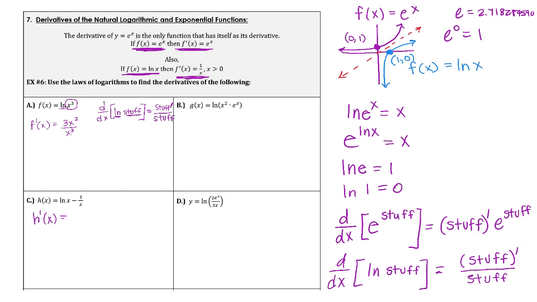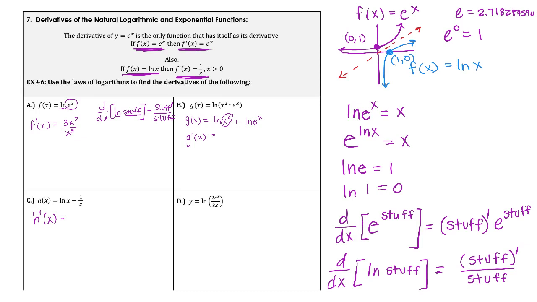All right, now for B, I'm going to rewrite this because if you're multiplying with logarithms, you can separate that by addition, but nobody remembers that, and that's okay. I'm going to separate this out for us. Okay, so g prime of x. Locate the stuff.